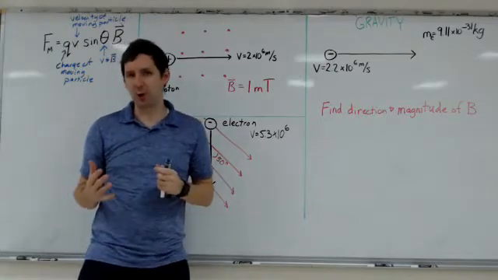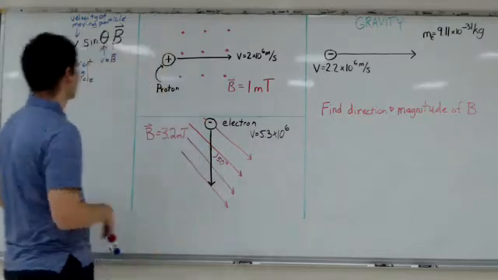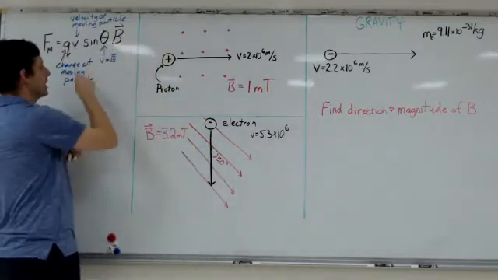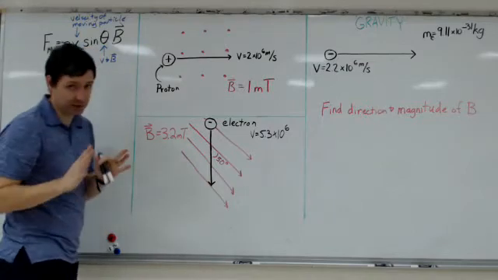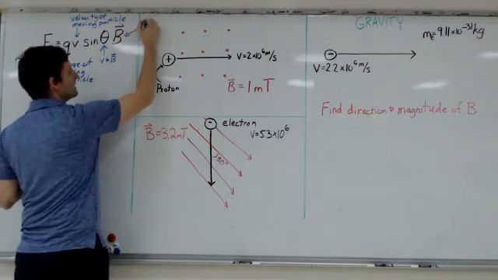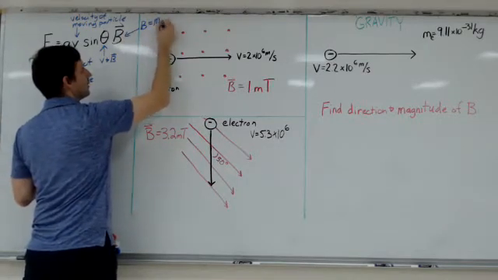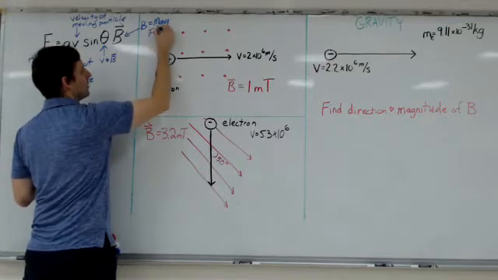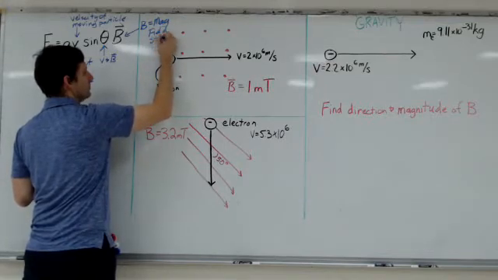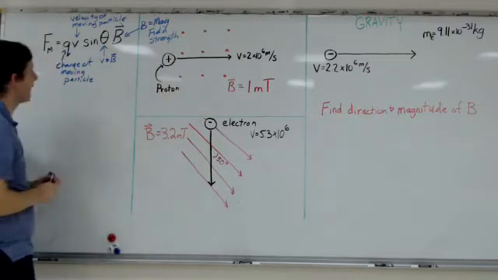And we want the component that is perpendicular to the vector of the velocity. So this is the angle, the sine is just to make sure that it's perpendicular, and B, we haven't seen B yet, but B is the magnetic field strength. All right, so that's what we've got.